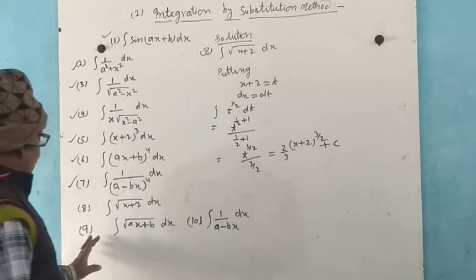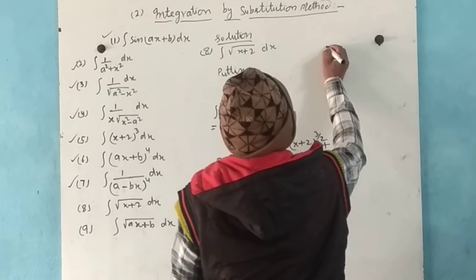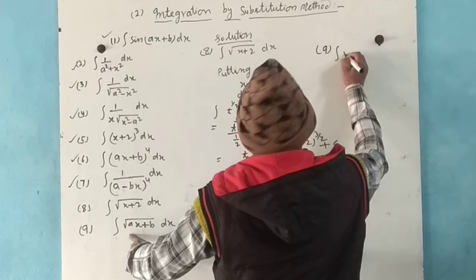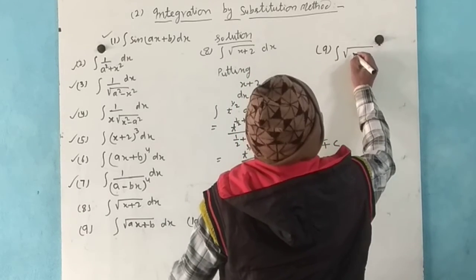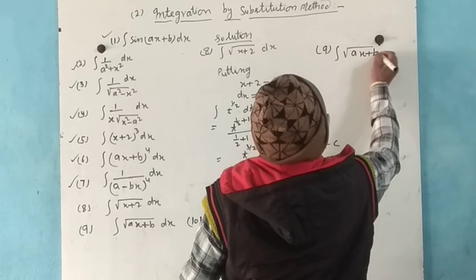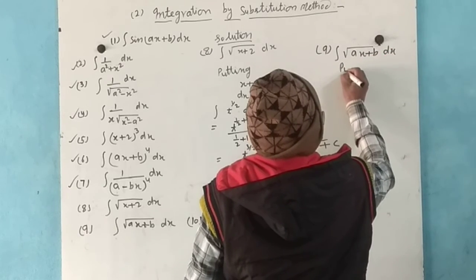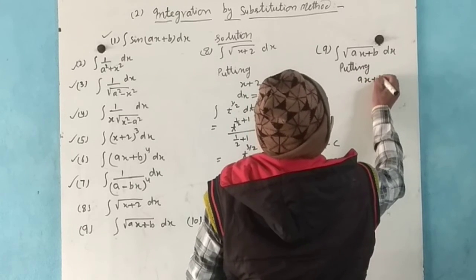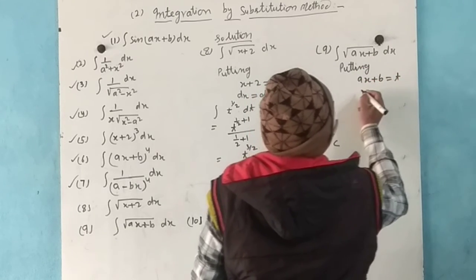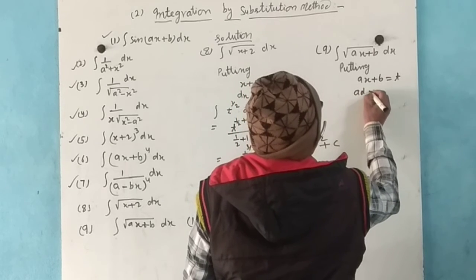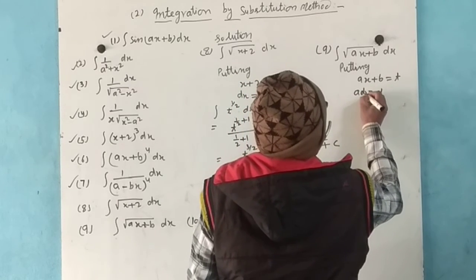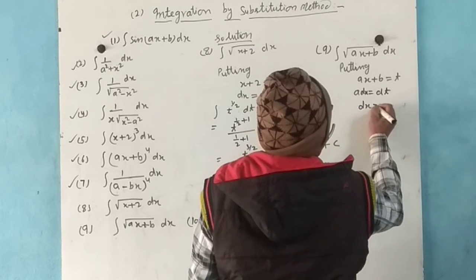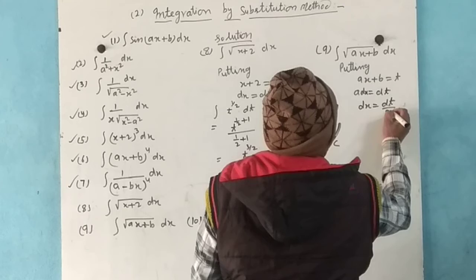Now question number 9, integration of under root ax plus b dx. Putting ax plus b equal to t, a dx equal to dt, so that dx equal to dt by a.